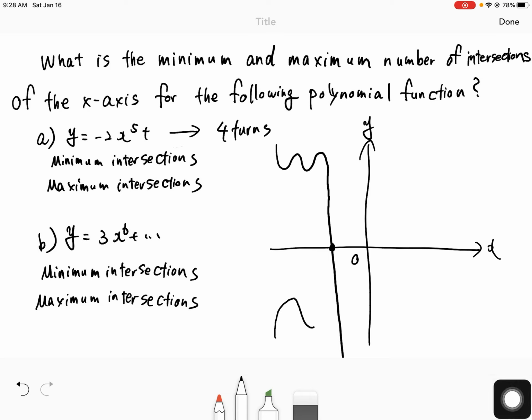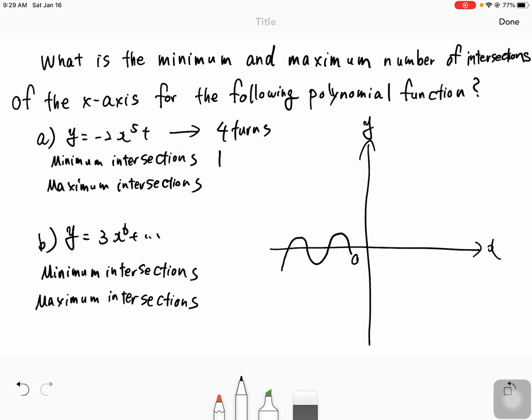Okay? Then what about maximum intersections? If the graph turns around the x-axis like this, 1, 2, 3, 4, it has maximum intersections, which is 1, 2, 3, 4, 5. This is maximum. 5. You got it?